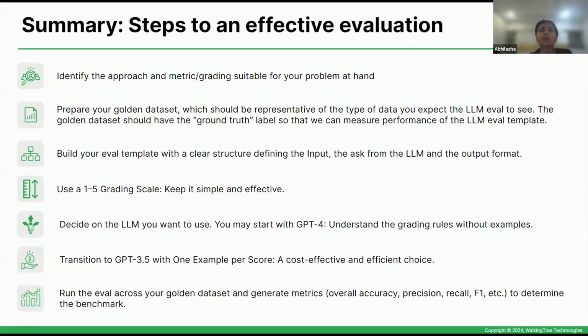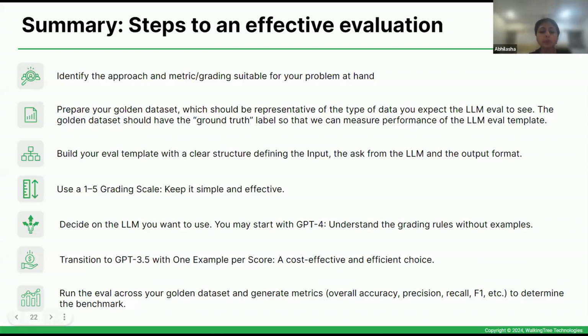Also, for the LLM you want to use, usually we start with GPT-4, given it gives decent performance in most problems. But definitely you can look at other LLMs. There are LLMs like Llama 2, PaLM, Mistral 7B.